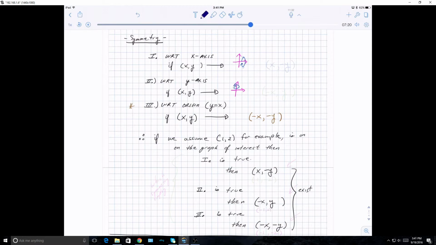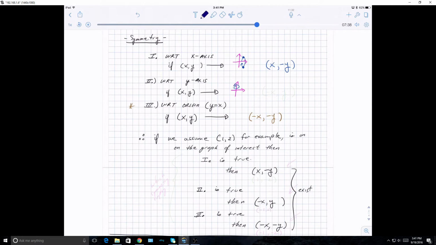If an x and a y exist as a point, then the x still exists. However, its negative also exists, and you can kind of see that if I drew those little points.